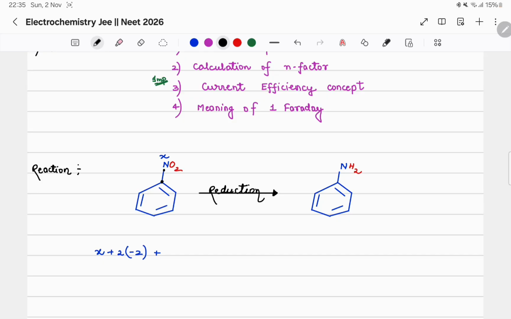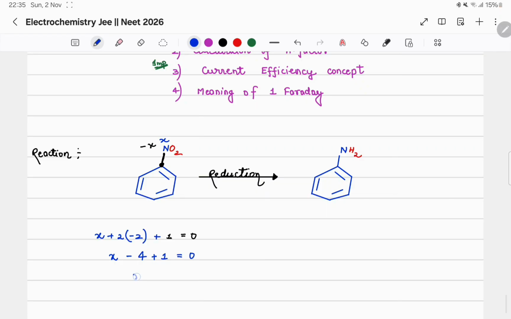So nitrogen will acquire some negative charge, and as a result this whole carbon part acquires some positive charge, +1, because only a single bond is there. So X plus 2 into -2 plus 1 equals 0. After solving, -4 plus 1, X value will be +3. So the oxidation state of nitrogen is +3.